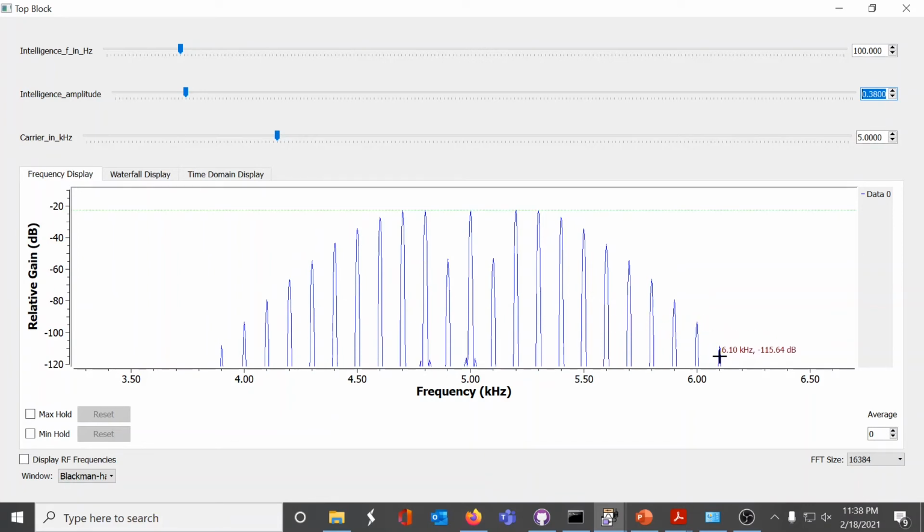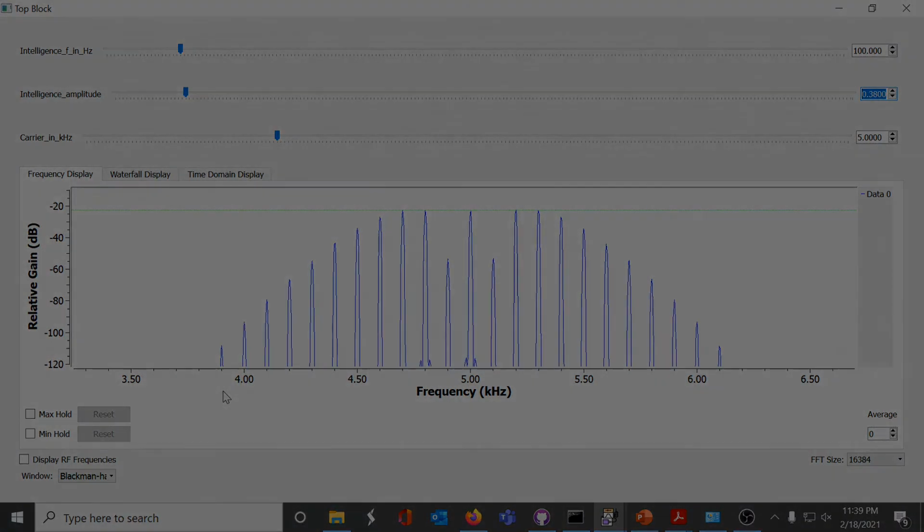So 11 sidebands in the upper side and 11 in the lower side. Given that the modulating frequency is 100, we can say that 11 times 100 would be the distance from here to here, so that's 1.1K. But don't forget the lower sideband, so the total bandwidth here is 2.2 kilohertz.